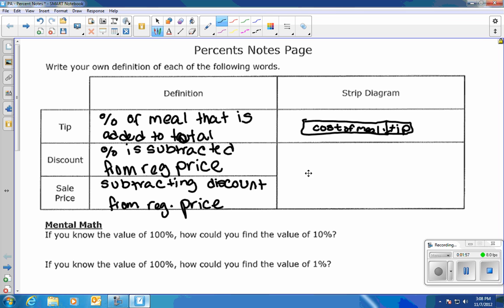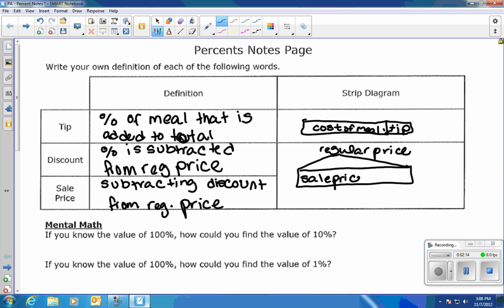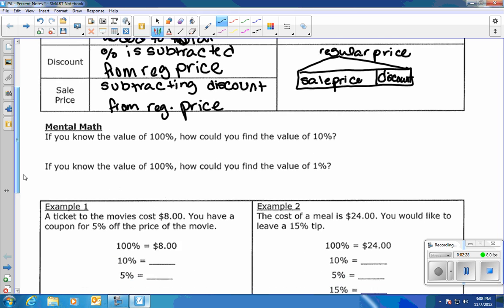So if this bar represents your regular price, then our sale price plus our discount is equal to that whole regular price. So this is a strip way of visualizing how we find these values.